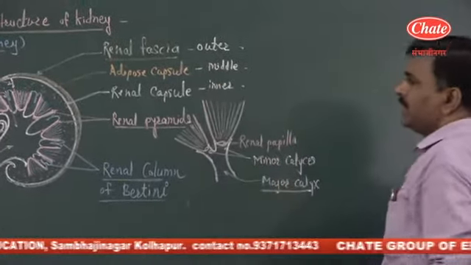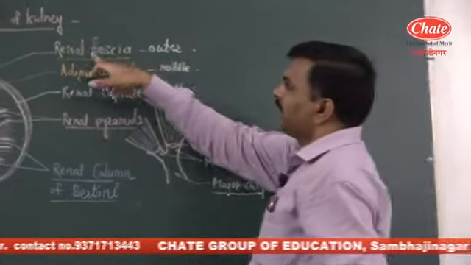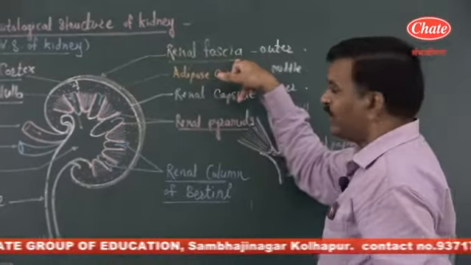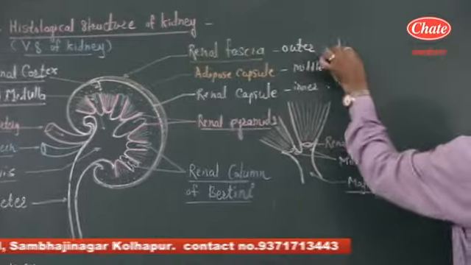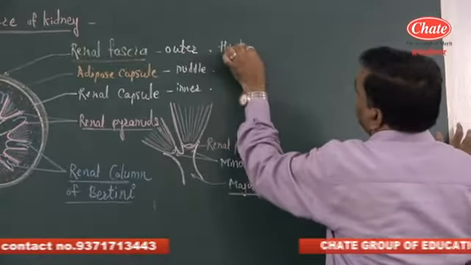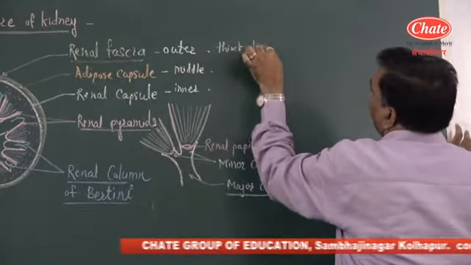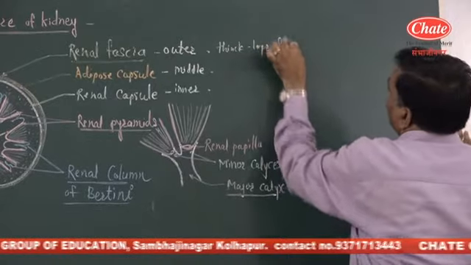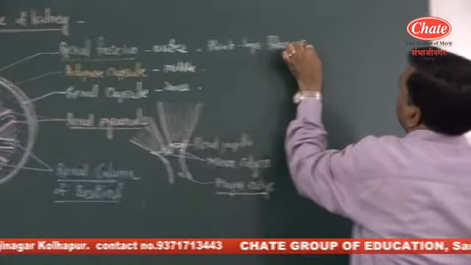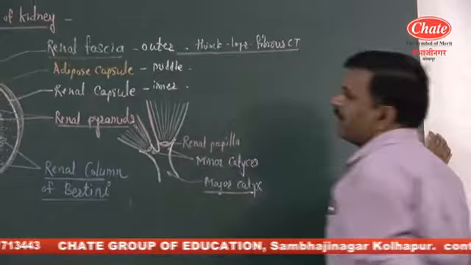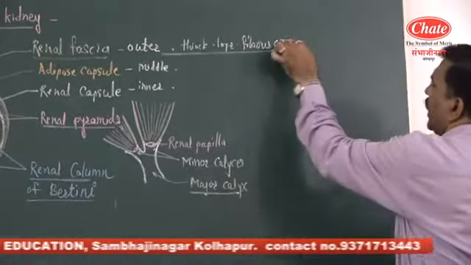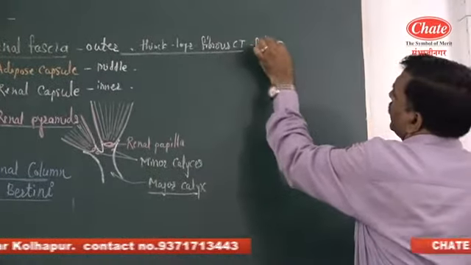So outer, middle and inner. The outer layer is renal fascia, and this renal fascia is a thick layer made up of fibrous connective tissue, and its main function is protection.